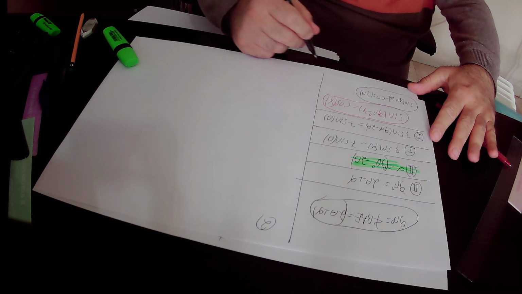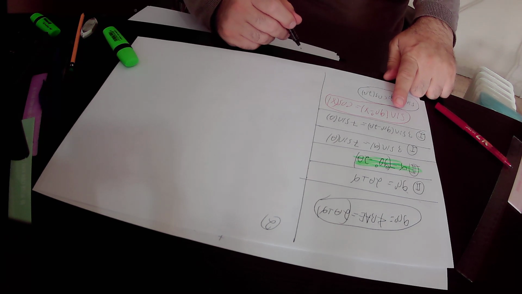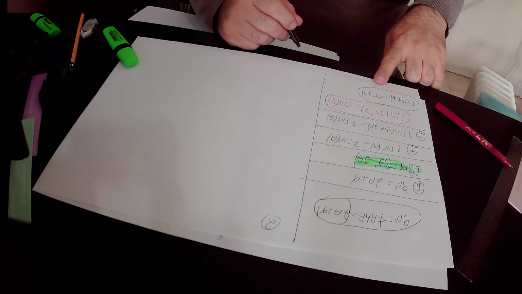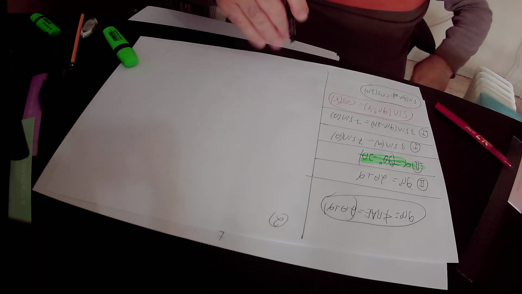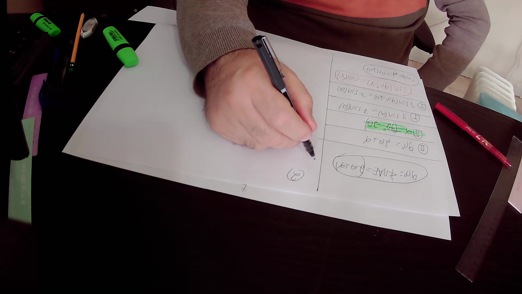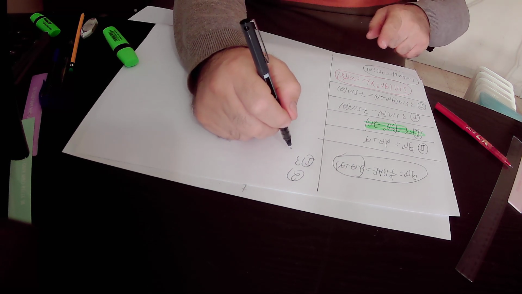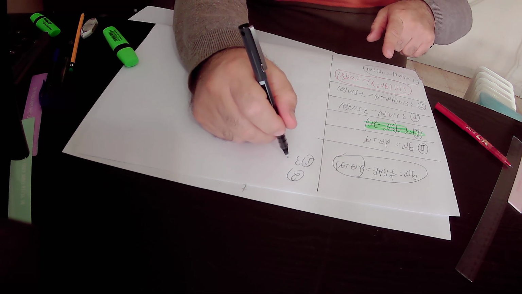So we'll substitute sine 90 degrees minus 2 theta in equation number 1 by cosine 2 theta.